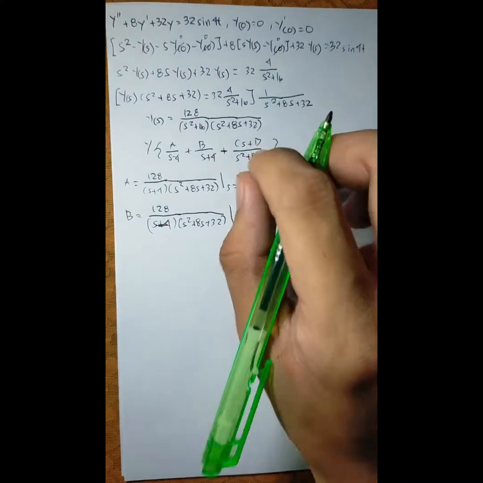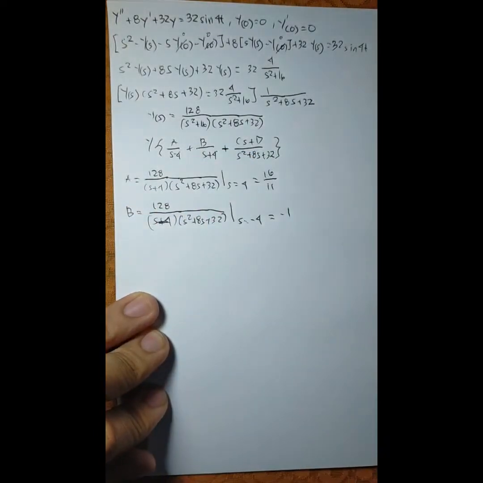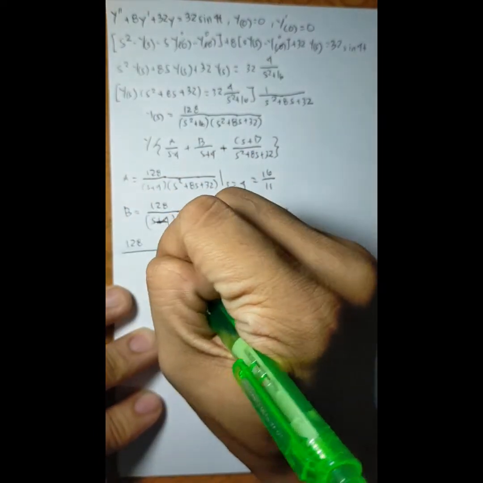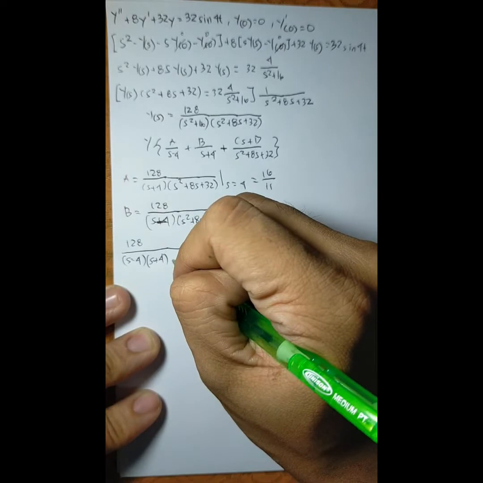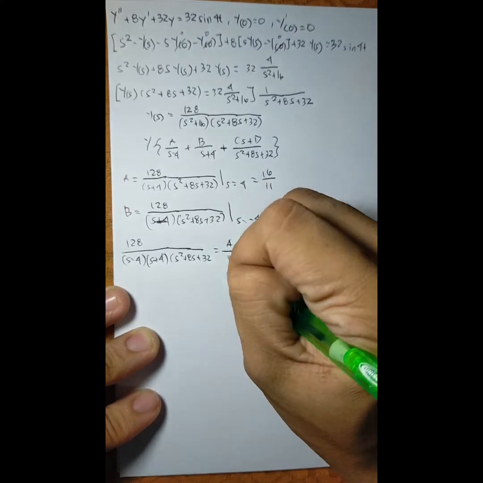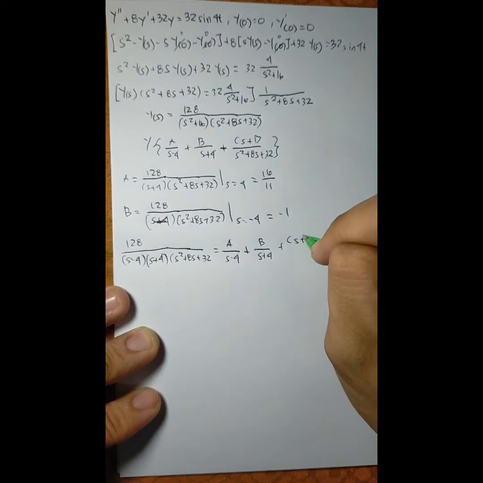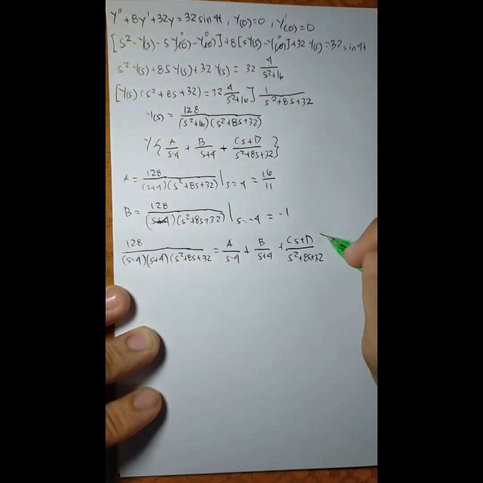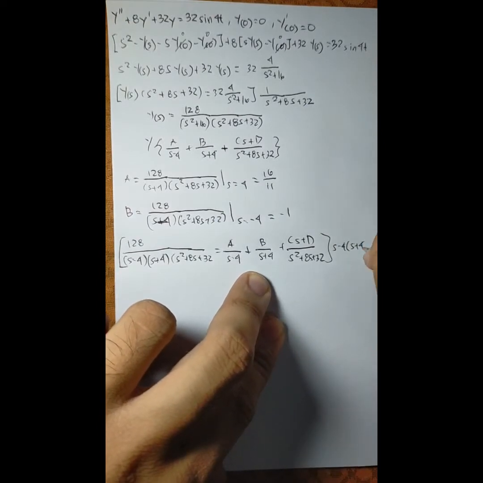And to get the value of c and d, we'll use the coefficient method, which is 128 all over s minus 4 times s plus 4 times s squared plus 8s plus 32 is equal to a over s minus 4 plus b over s plus 4 plus cs plus d all over s squared plus 8s plus 32. And we will multiply this by s minus 4 times s plus 4 times s squared plus 8s plus 32.